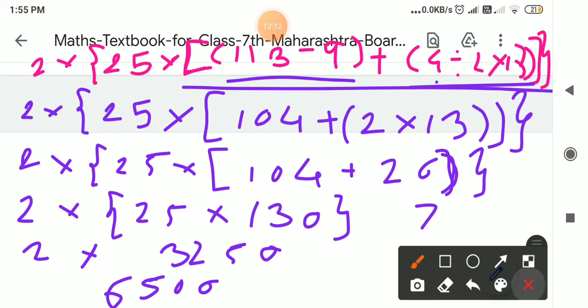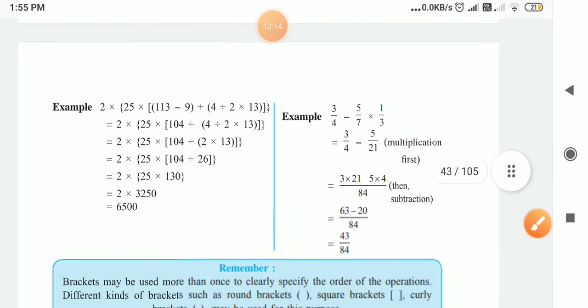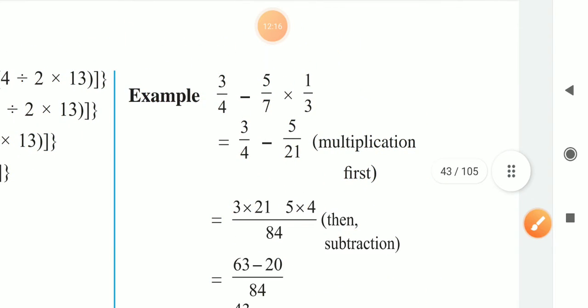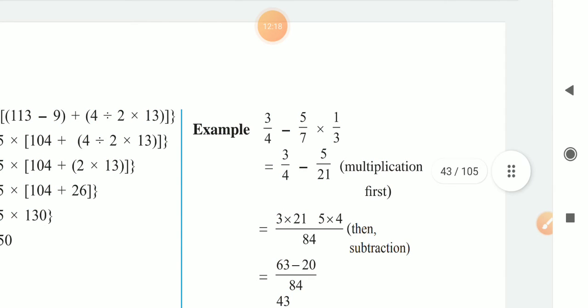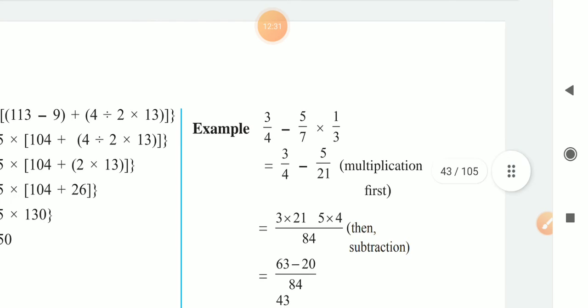Okay, now the last example from this is a fractions example. So 3 upon 4 minus 5 upon 7 into 1 upon 3. Okay, we know that there are some rules we have to follow. So first of all, what do we have to do? Multiplication.